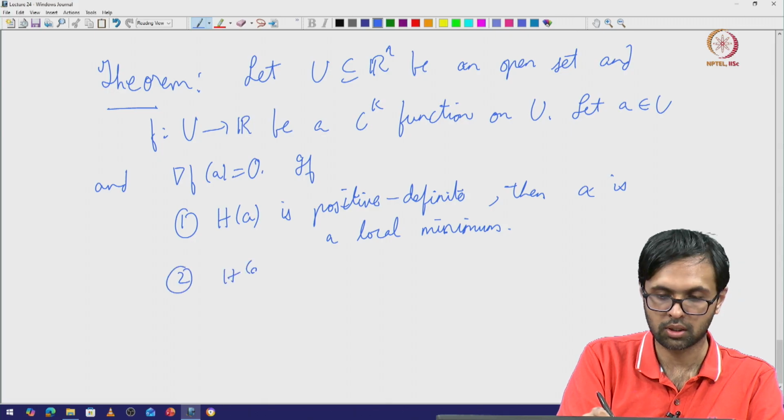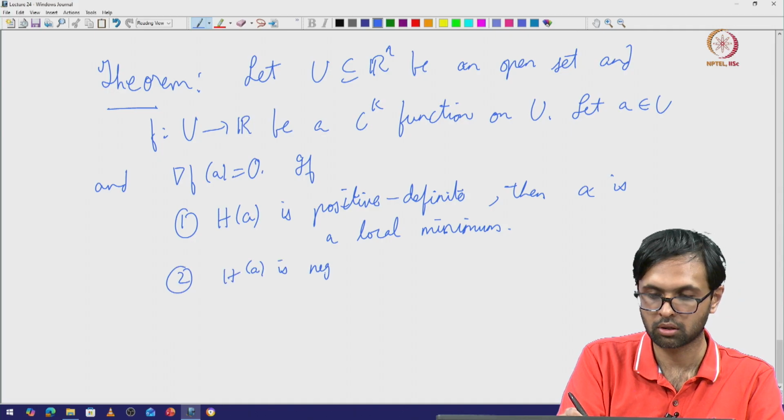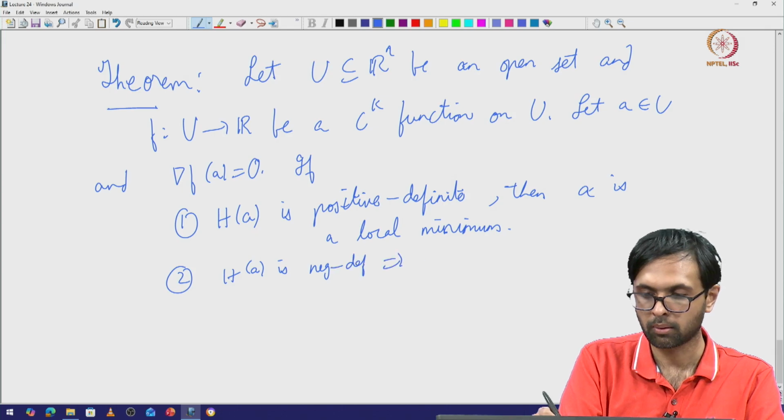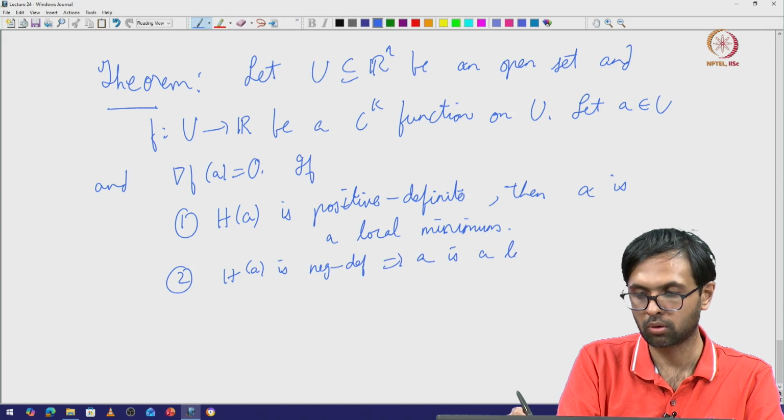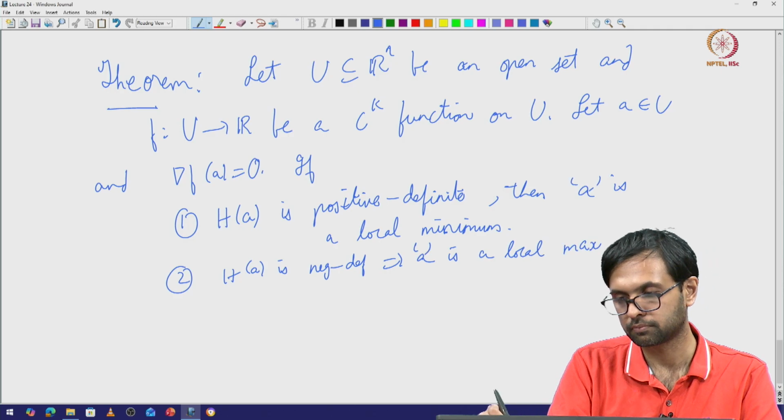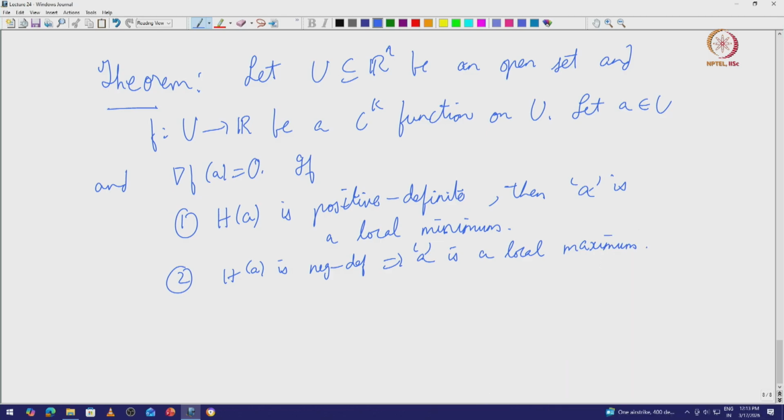If H of A is negative definite, A is a local, maybe I'll put a quote here, maximum. And if H of A is invertible but not definite, which means it's neither positive definite nor negative definite, that means A is a saddle point.